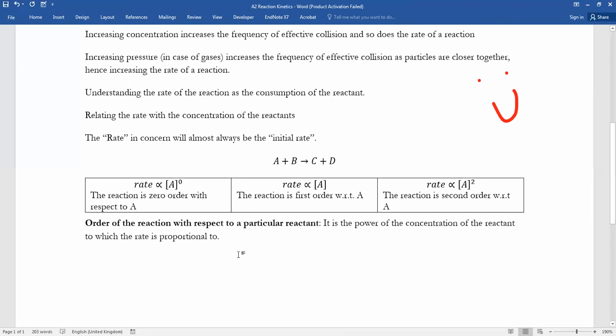Yes. Okay, now if I tell you that the reaction is second order with respect to B and first order with respect to A, can you develop a mathematical link between the rate and the concentration of A and B?